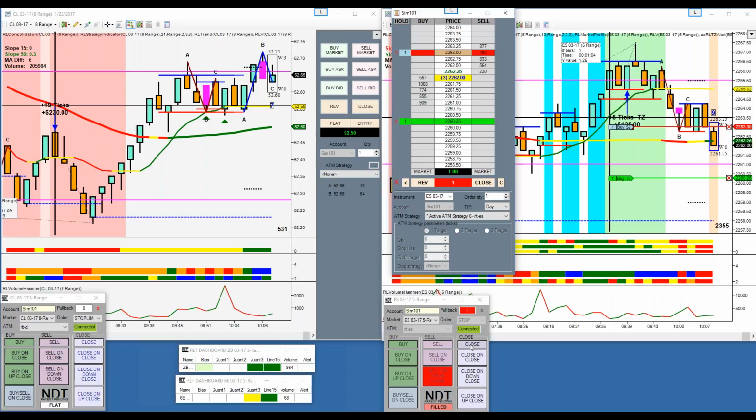Go, go, go. I'll get ready to close the trade at support. If we get another tick down, we're going to close.